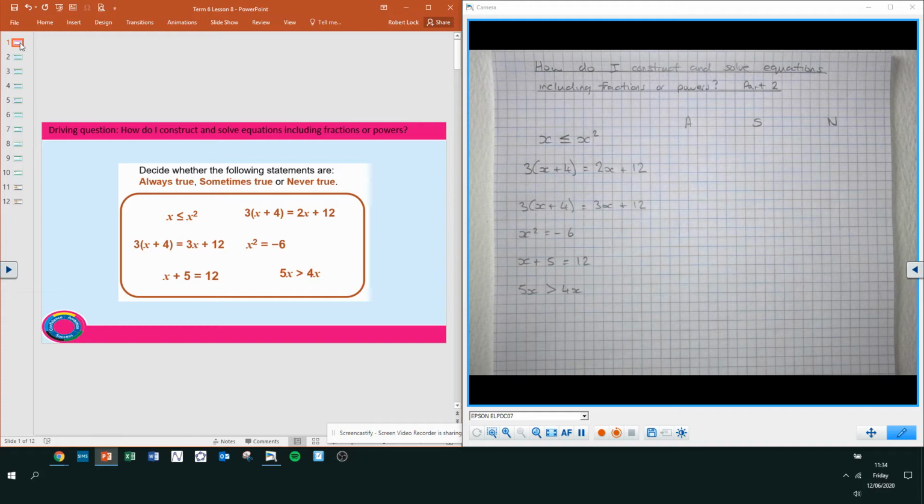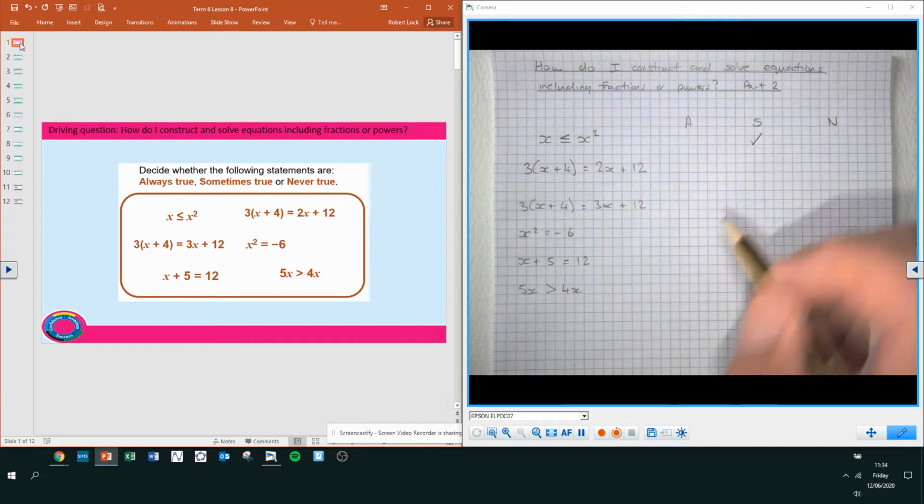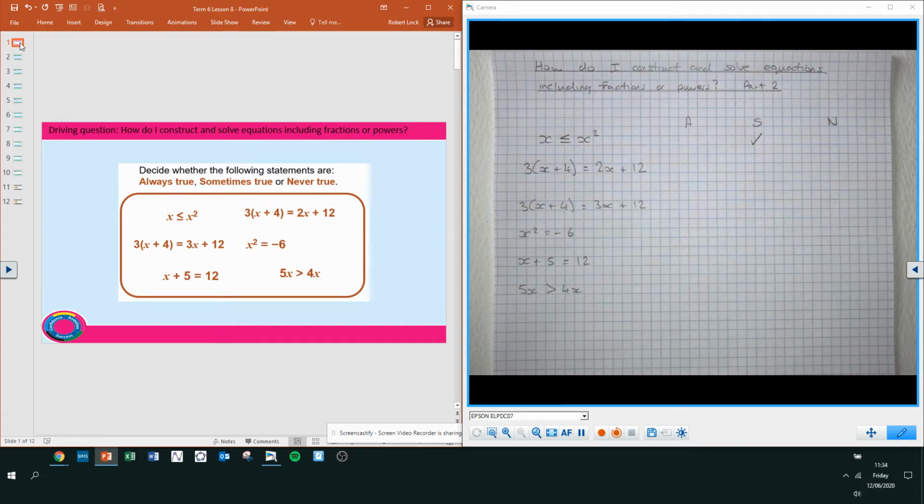If x is 1, x squared is 1. However, if x is 2, then x squared is 4, so it's not equal. So it's sometimes true, but only true when x is either 0 or 1.